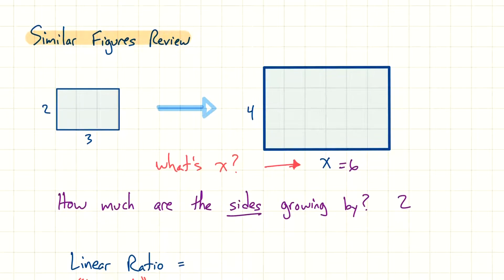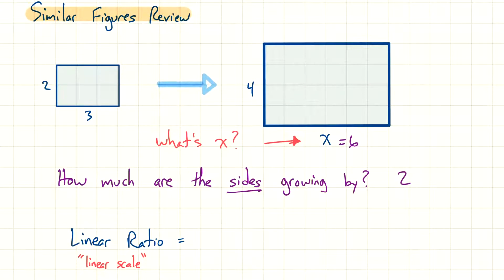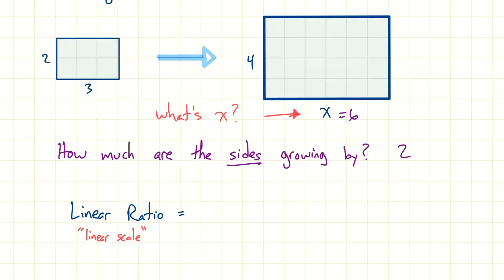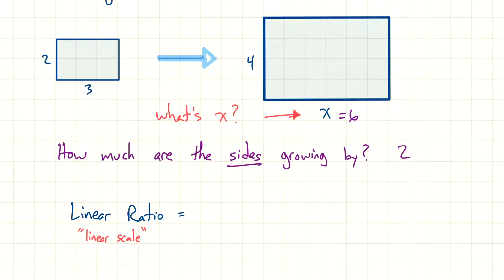And so what I want to look at is what's the linear ratio? This is a reminder of some terminology we've had before. The term linear is really just another word for sides. Ratio is another word for fractions. So when they ask you for a linear ratio or maybe even a linear scale, typically it's really talking about a fraction.